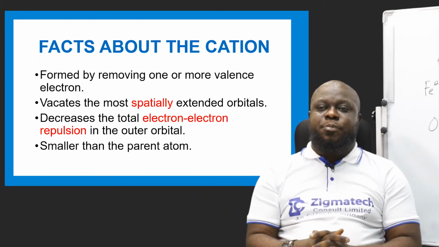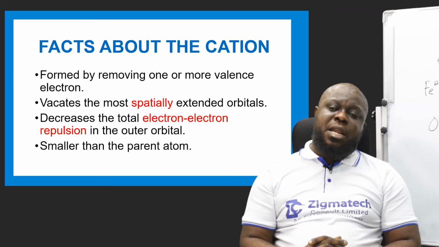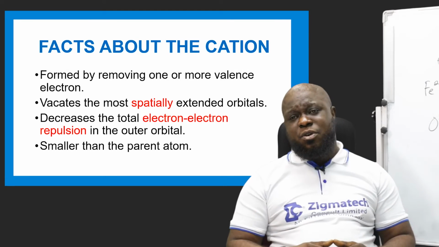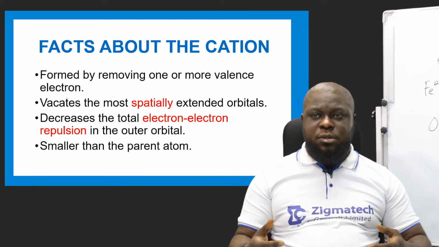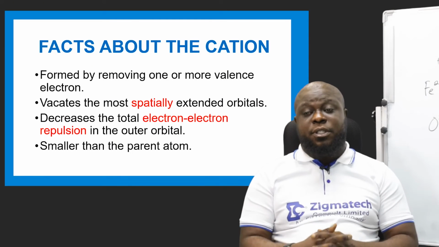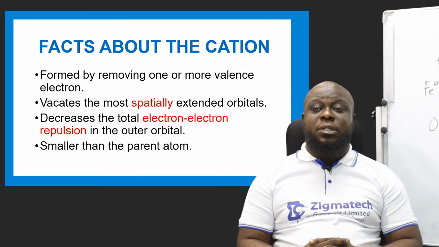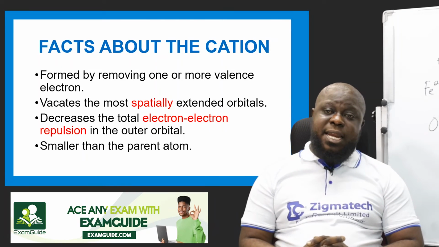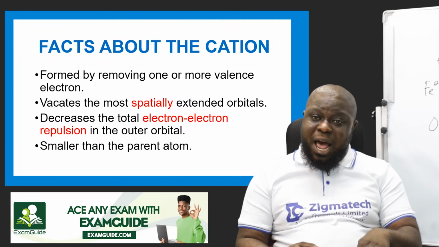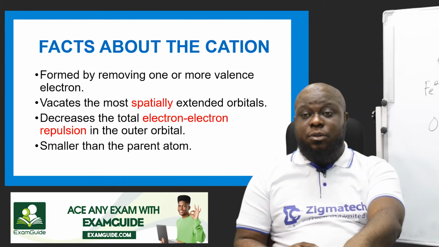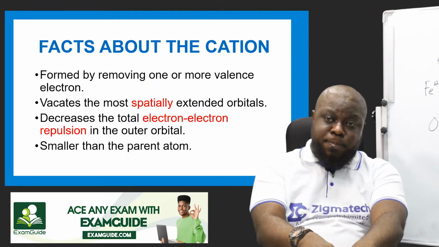Now, it vacates the most spatially extended orbital. Spatially means a space, just a space. It goes out from the space. When it goes out, it becomes a positive charge. Now, it decreases the total electron repulsion in the outer orbital. It's smaller than the parent atom. Yes, it is smaller because it is at the middle of the parent atom. It is inside the parent atom.